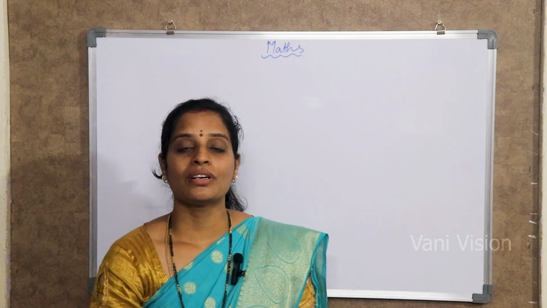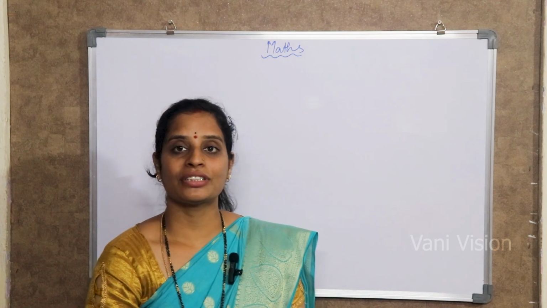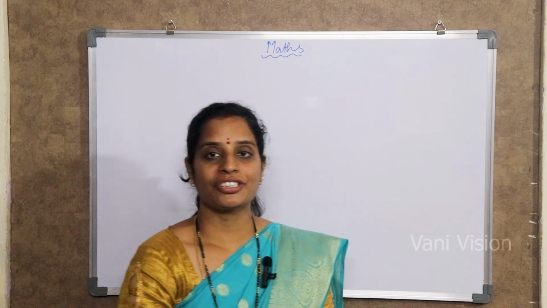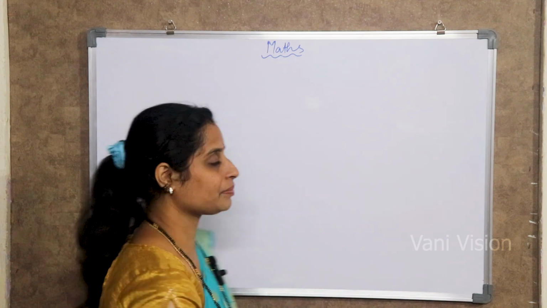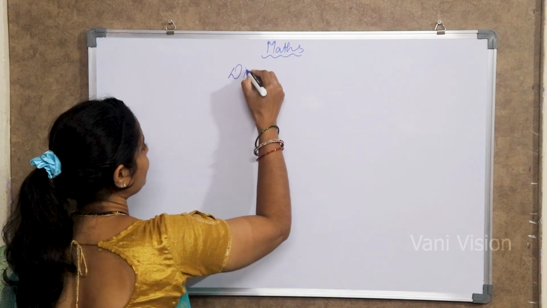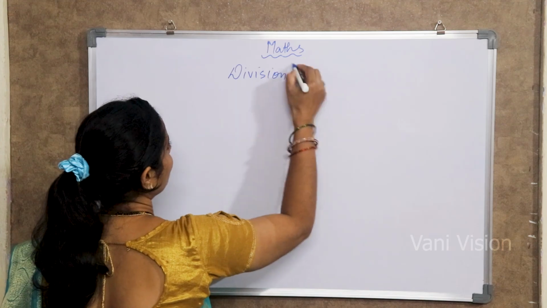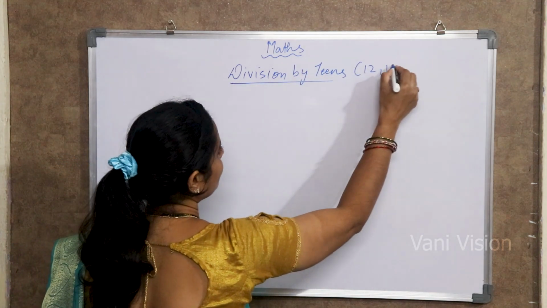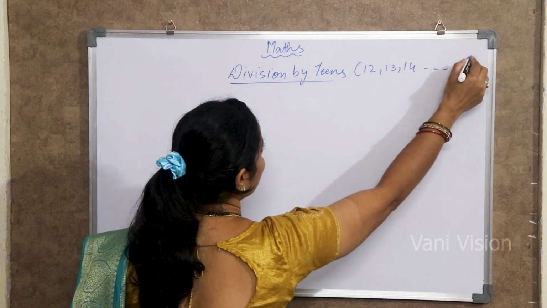Clear? So shall we start our session? Today we are going to discuss division by teens. Teens means 12, 13, 14, so on up to 19.